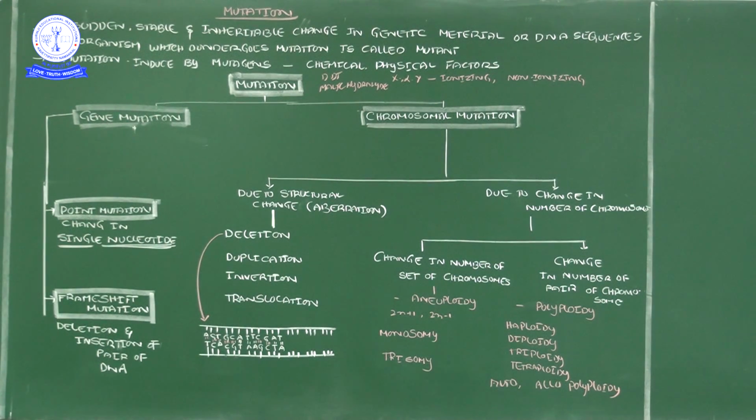That is just for calculation, not exact. So if one chromosome shows the mutation, the genes located on the mutated chromosome and the characters they control will be affected.